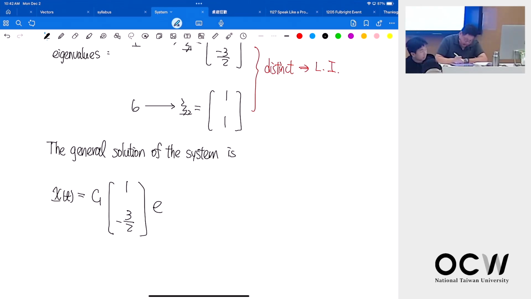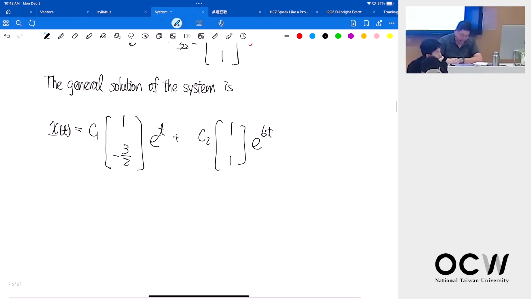Lambda is 1, so e to the t. Second one, e to the lambda t, which is 6t.